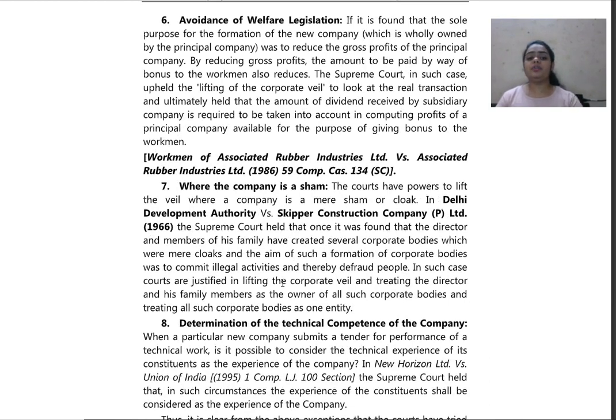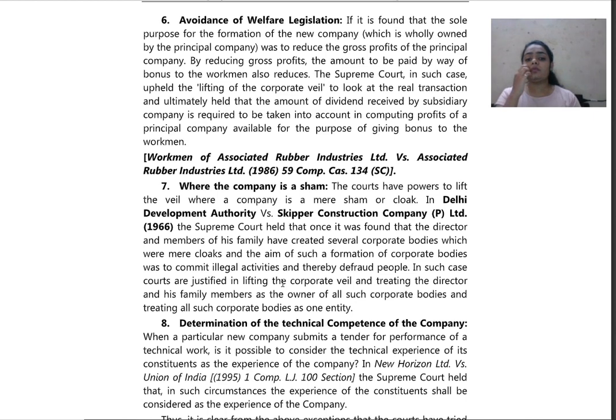The courts have the power to lift the veil where a company is a mere sham or a cloak. In Delhi Development Authority versus Skipper Construction Company Private Limited, the Supreme Court held that once it was found that the director and members of his family had created several corporate bodies which were mere cloaks, and the aim of such formation of corporate bodies was to commit illegal activities and thereby defraud people, in such a case courts are justified in lifting the corporate veil and treating the director and his family members as the owner of all such corporate bodies and treating all such corporate bodies as one entity.